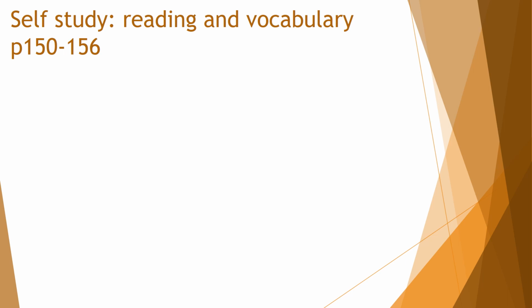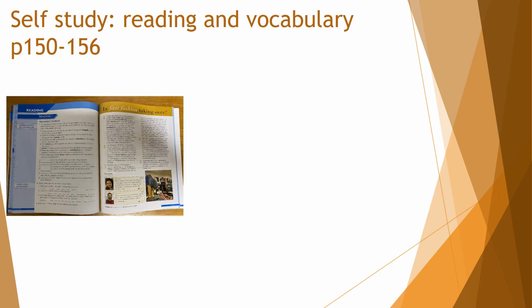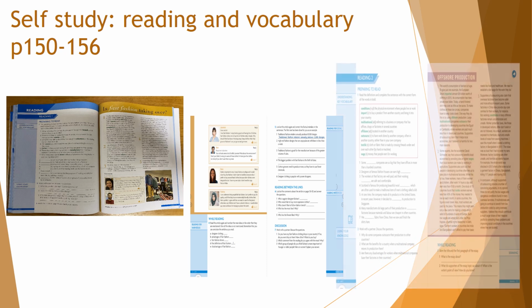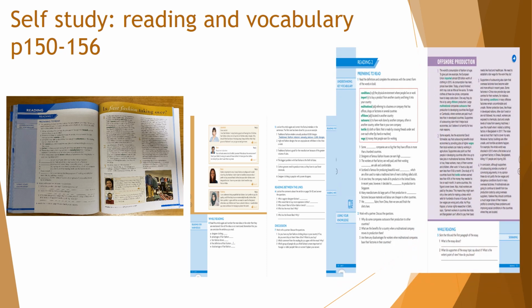Now, we don't have enough time to study everything in the book, but it would be useful for you to also do a little bit of self-study. So, reading and vocabulary, page 150 to 156. And if you have the time and the desire, you could have a go at doing those pages by yourself.